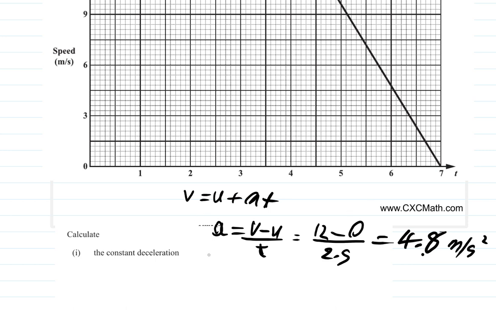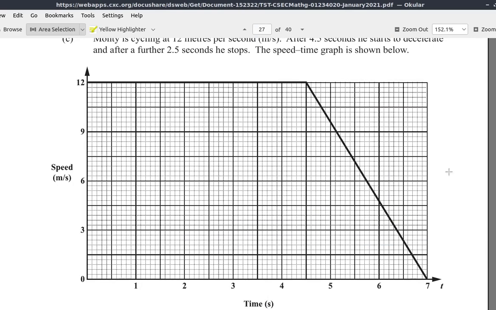If you put acceleration, you'd have to put a negative in front, but since they ask you for deceleration, you say d is 4.8 meters per second squared. So the deceleration is 4.8 meters per second squared, but it is a negative acceleration. In that case it slows down to stopping.